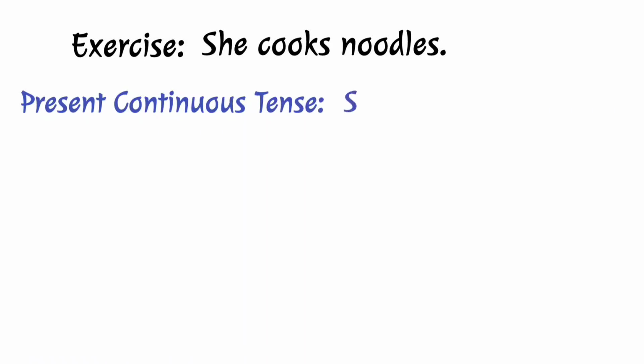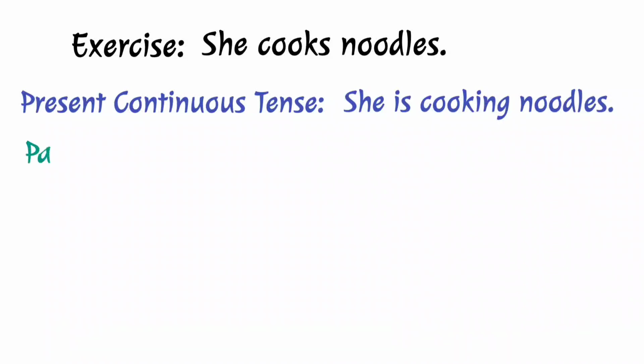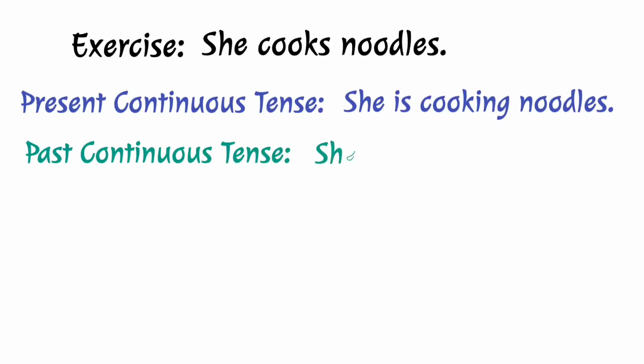And then if you are asked to change this or you want to say this in present continuous tense, remember the pattern. So the sentence will be she is cooking noodles. So the verb is cooking. Or in the past continuous tense, she was cooking noodles.